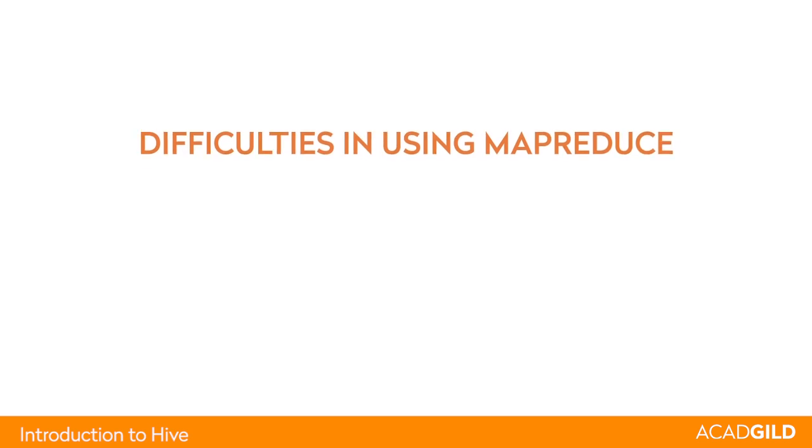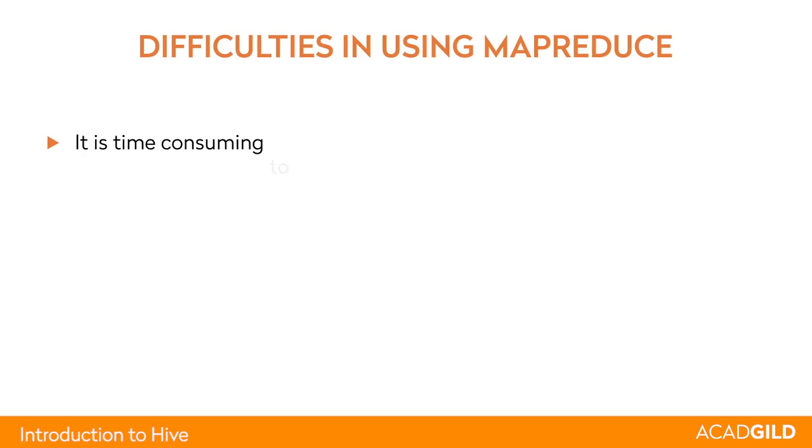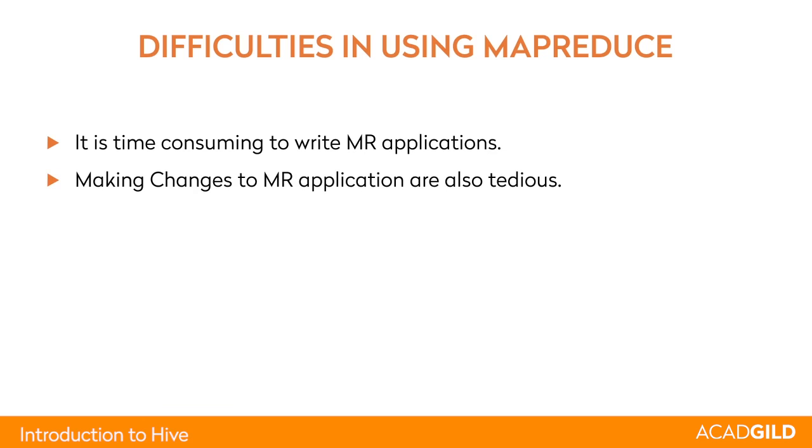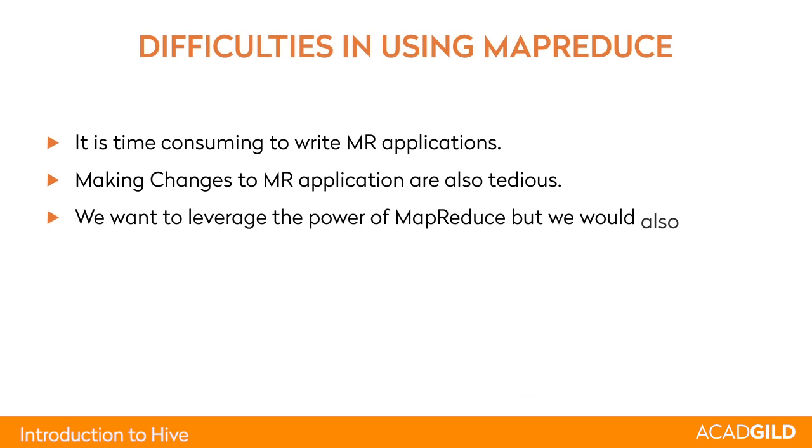But the problem is, it's very time consuming to write a MapReduce application. Making changes to MapReduce applications is also tedious. We want to leverage the power of MapReduce, but we would also like to make the development effort and time very quick.